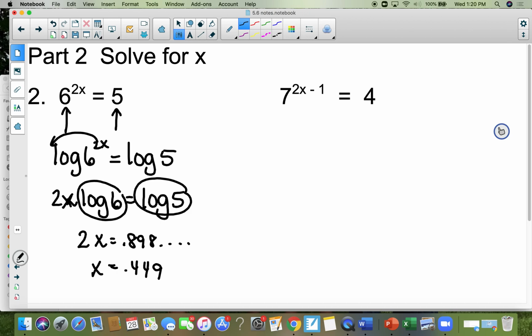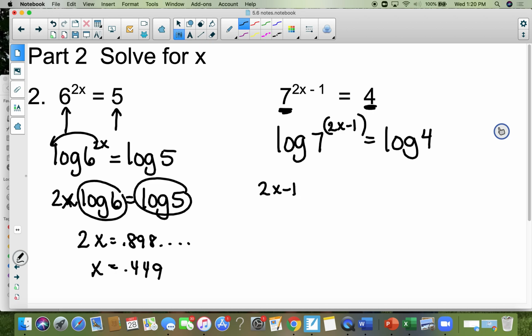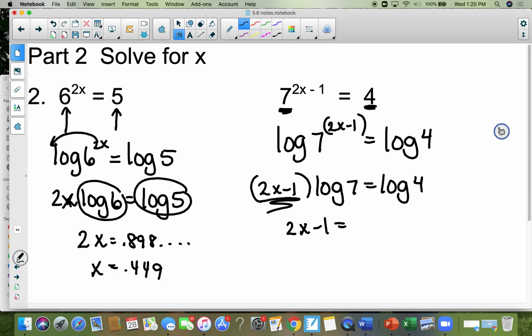Okay, the next one, again, you'll never get 7 to the 2x minus 1 equals 4 to look the same, so you have to log both sides of your problem. Take that 2x minus 1, put it out in front. You need to get this alone, so you need to take the log of 4 and divide it by the log of 7.